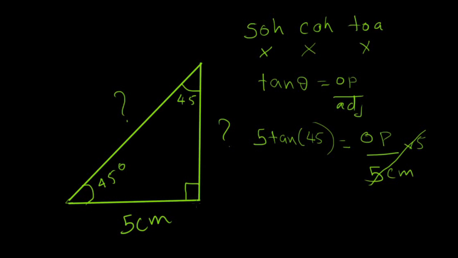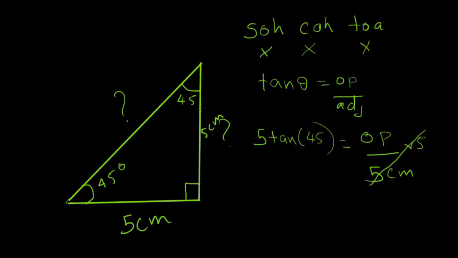As all things should be balanced, we can conclude that this is an isosceles triangle, because two angles are equal. That means this side is also 5 centimeters.